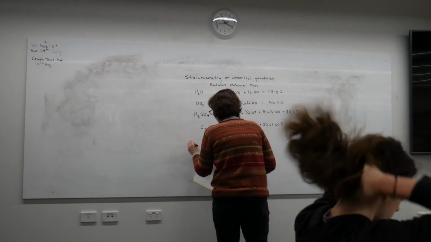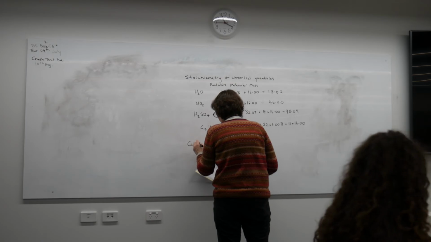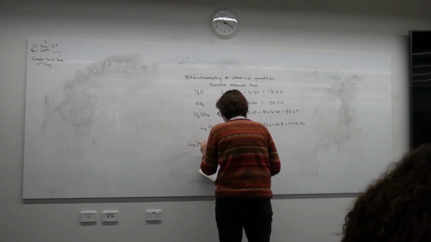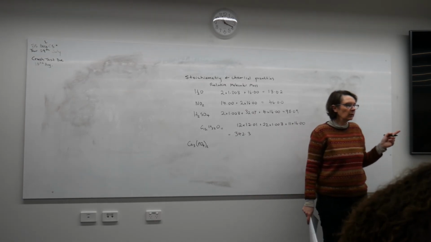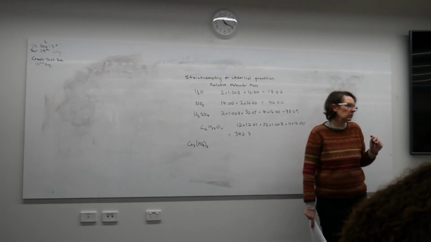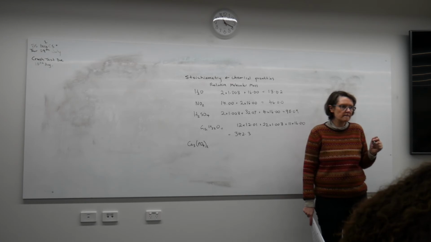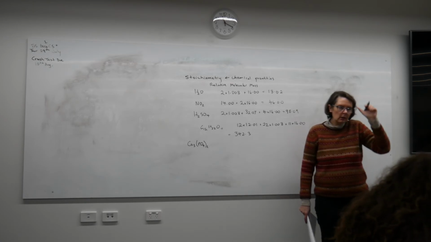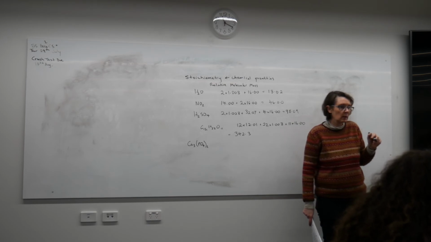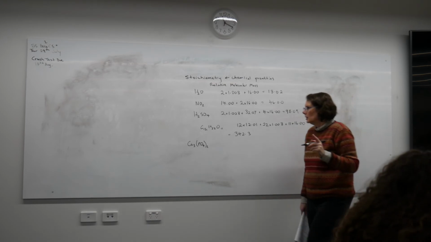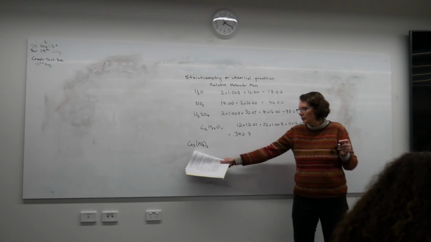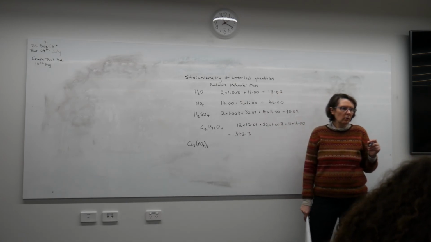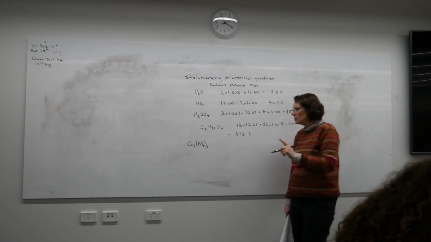So for calcium phosphate, if we're just given the word, what kind of bonding firstly in calcium phosphate? Ionic. Why is it ionic? Because calcium's a metal. So then when we're working out our balancing, this was done for you, how do I know that I need to balance this way?